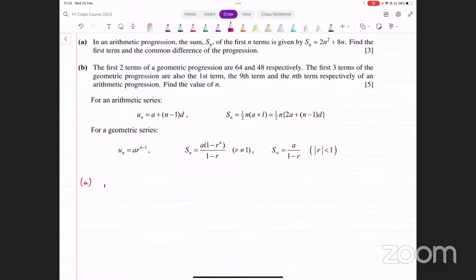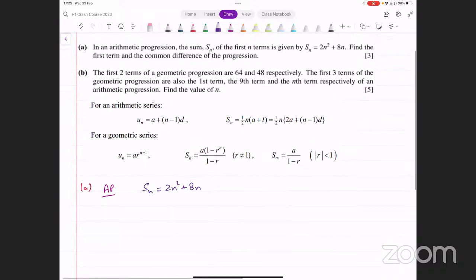We have an arithmetic progression. In this arithmetic progression, we are given that Sn, the sum of the first n terms, is equal to 2n square plus 8 times n. Find the first term and the common difference of the progression.